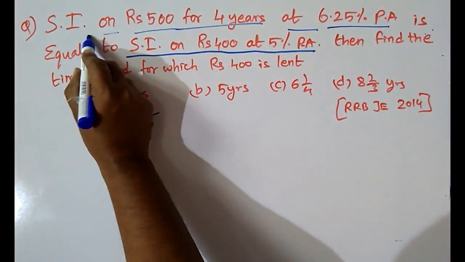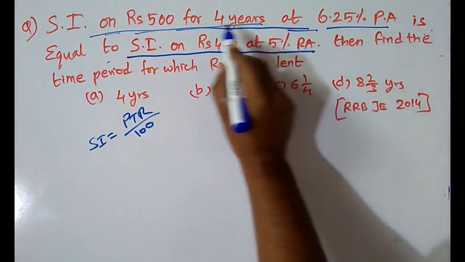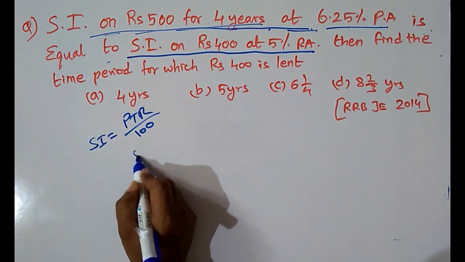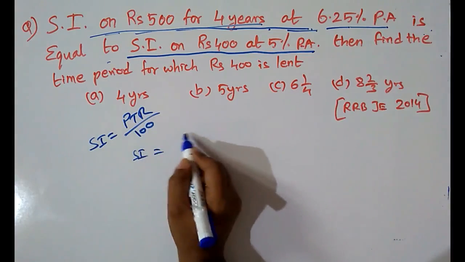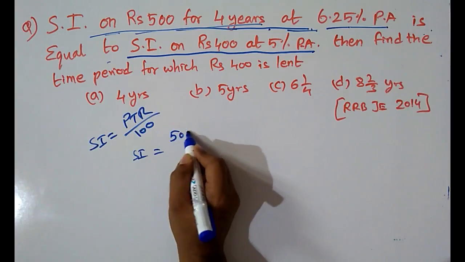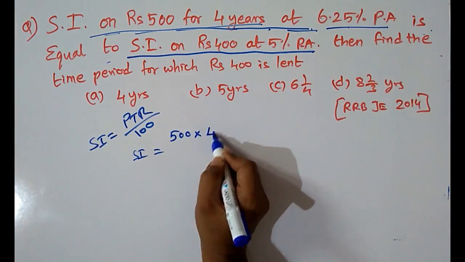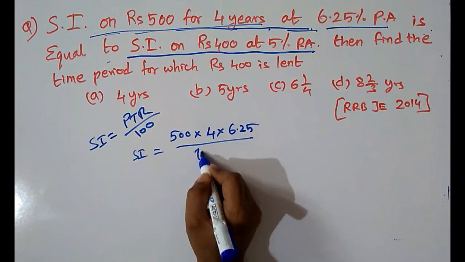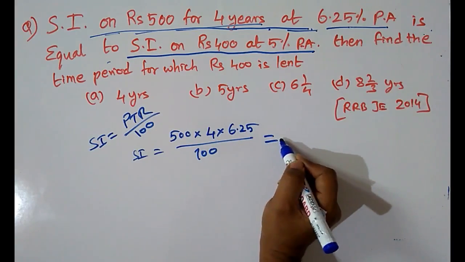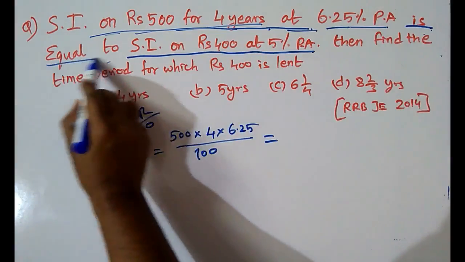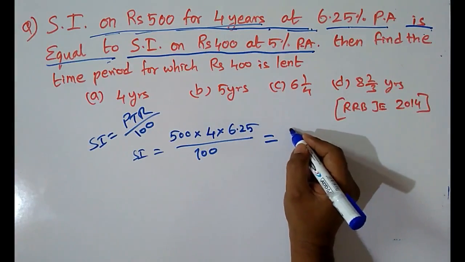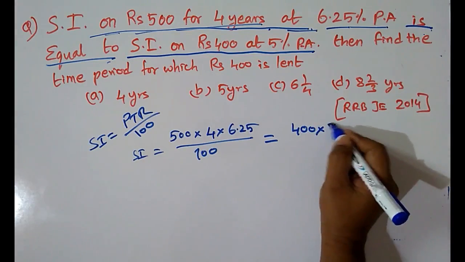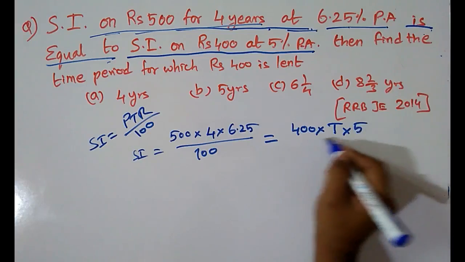In the same way, for 500 rupees, 4 years at 6.25% per annum, this simple interest is given by PTR by 100. Principal is 500 into 4 years into rate 6.25. This is equal to the simple interest on the other, that is 400 into T, which we don't know and have to find, into 5% divided by 100.